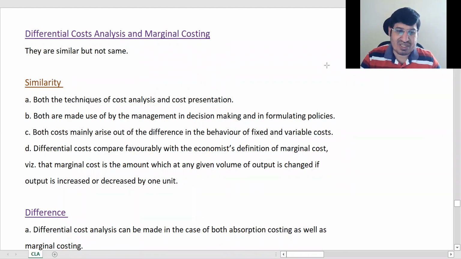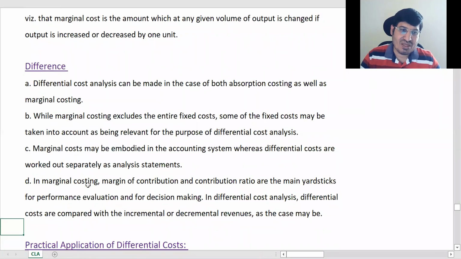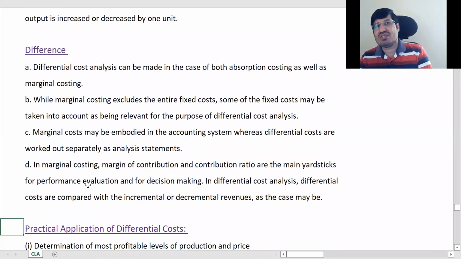So this is one difference: differential costing can be used on marginal costing and on absorption costing also. Just remember that differential costing is a small technique which you use only for a given situation. It is not an elaborate method of keeping accounts.